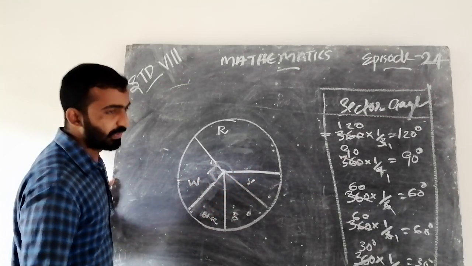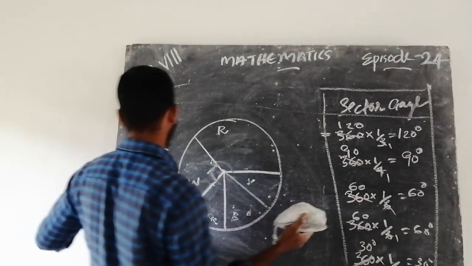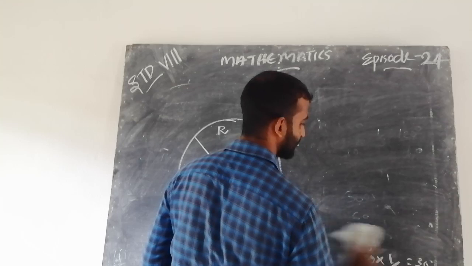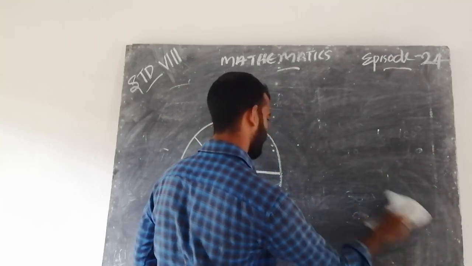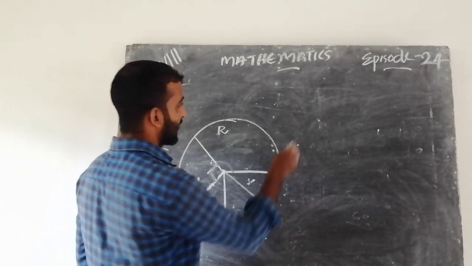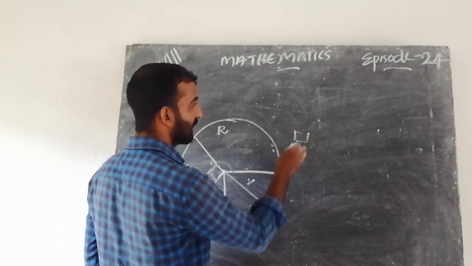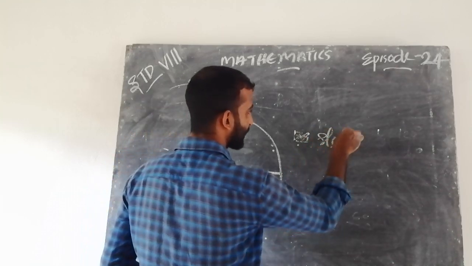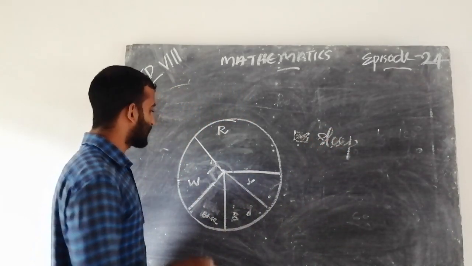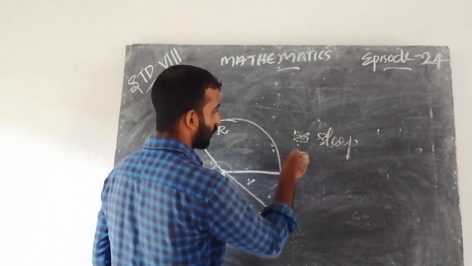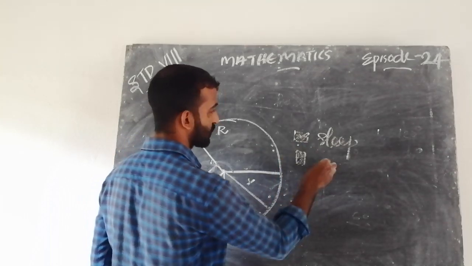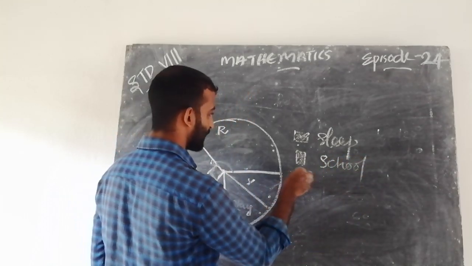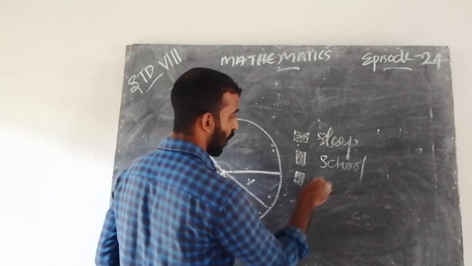On the side of our figure, we make a small rectangle or square, color it red, and write sleep. Next is white color, school. Next is blue color, homework.